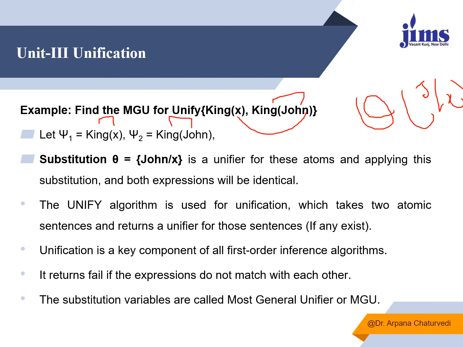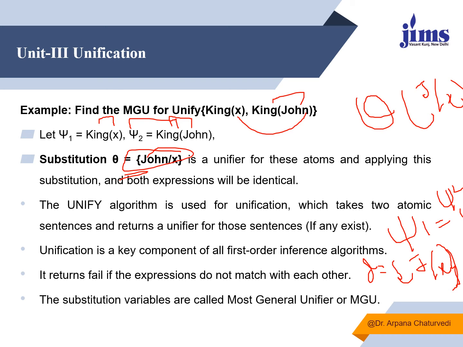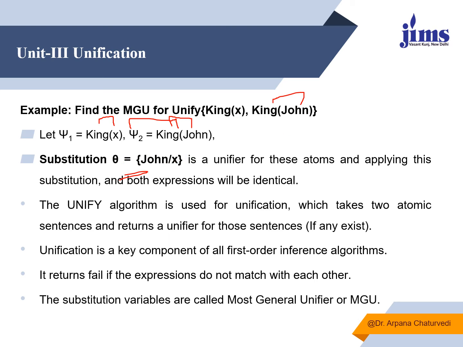So this is how we have unified it. Both the sentences psi1 and psi2 are basically equal on the basis of what? On the basis of the substitution, that is theta equals John substituted in place of X. So this is a unifier, and both these sentences are unified using this unifier. This process is known as unification.